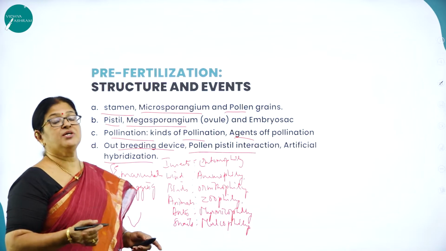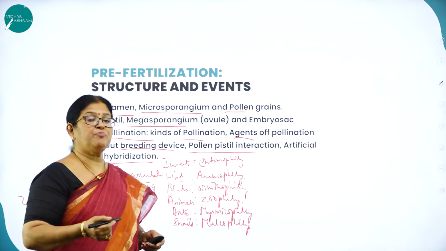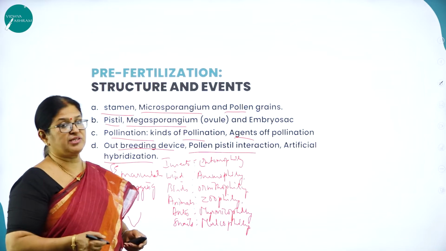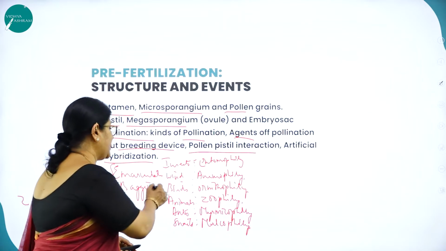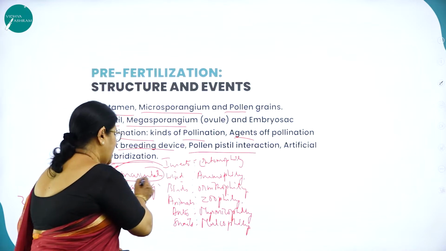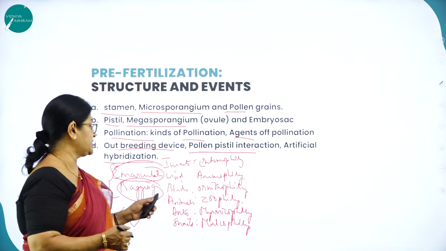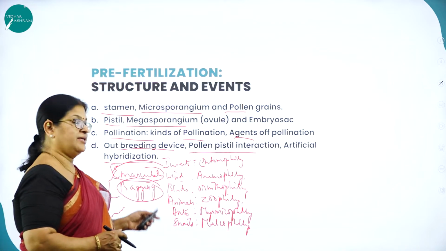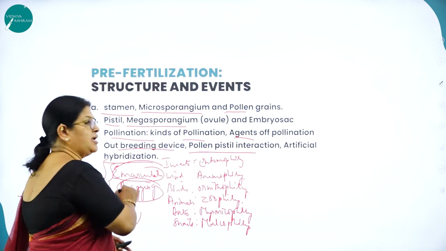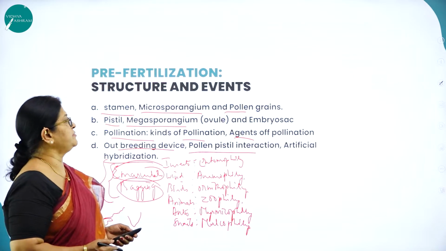Suppose it is a bisexual flower, and you want to allow the pollen grains of your desire to fall on the stigmatic surface and allow fertilization to happen. In that case, you can remove the stamens, and also if you want to avoid unwanted pollen grains falling on the stigmatic surface, you can cover it with a polythene bag. All these are called artificial hybridization. All that you are going to study in this particular chapter.